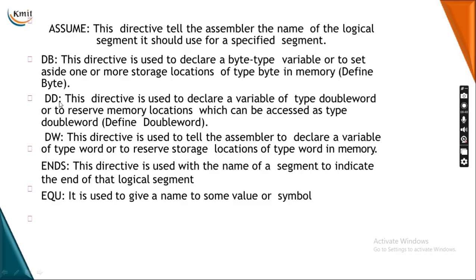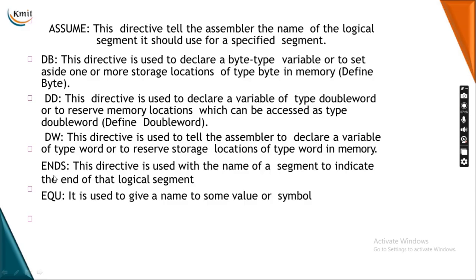Double word is nothing but 32 bits, or to reserve memory locations which can be accessed as type double word. And DW, which is define word, is useful for reserving the memory location of word length, which is 16 bits.